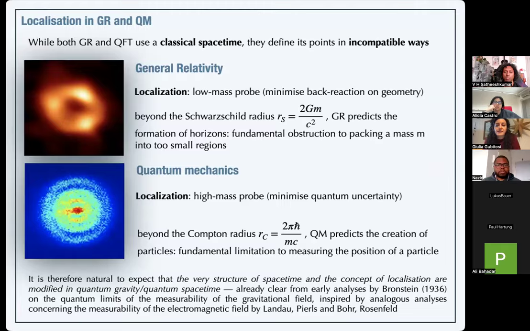And then in the late 30s, Bronstein tried to apply similar arguments to the gravitational field, again to see what would be the limitations due to quantum features to measuring the gravitational field. And similarly to what had been found for the electromagnetic field, he found that to have a good localization, you would need to send the gravitational charge of the particle to zero, which is the mass.